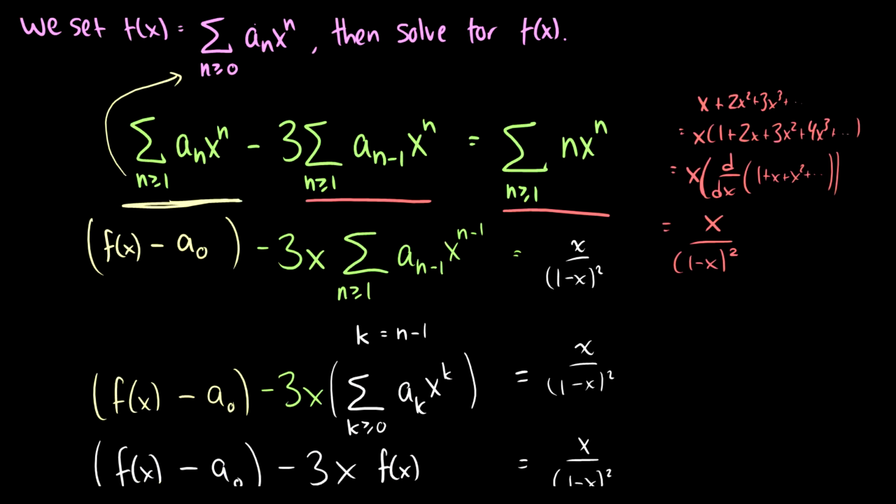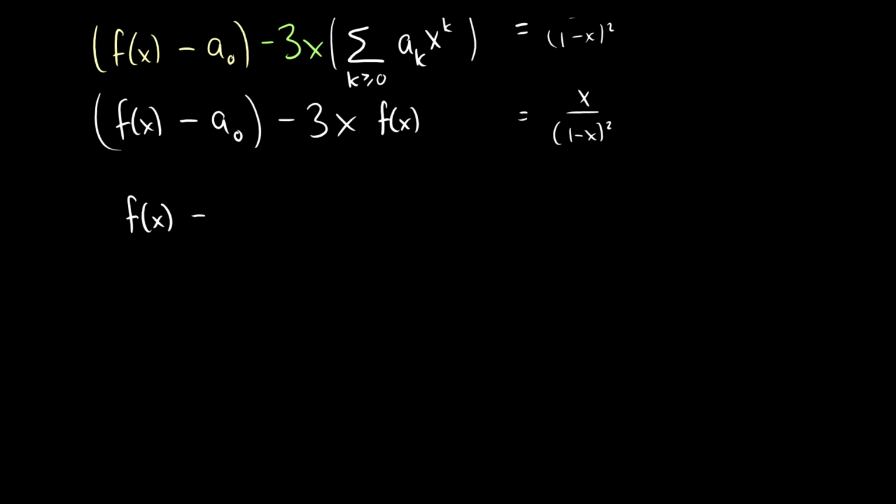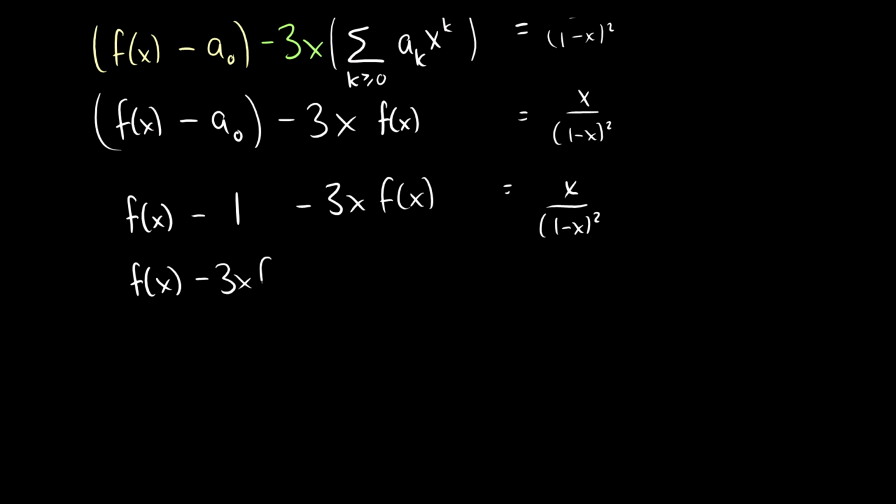So this is going to be f(x) minus 1 minus 3x f(x) is equal to x over (1 minus x) all squared. Take the brackets off. So f(x) minus 3x f(x) is equal to x, and we're going to add 1 to the other side, so plus (1 minus x) all squared over (1 minus x) squared.